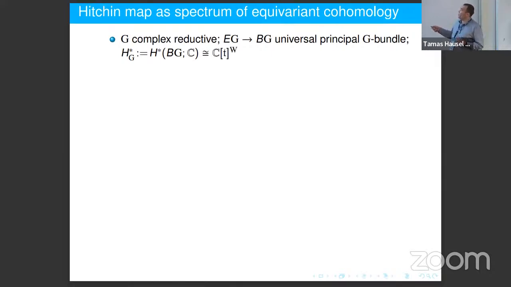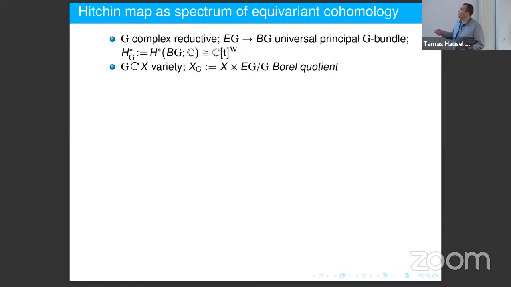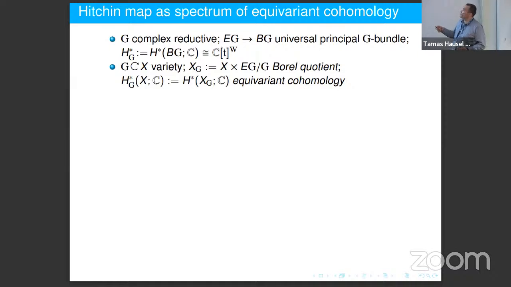And this actually can be explicitly computed as the polynomial algebra over the Cartan subalgebra, which are polynomials which are invariant under the Weyl group. And this is famously another polynomial ring. So our base ring is going to be a polynomial ring. So now we have a group action by G on a complex variety X. Then we can form the Borel quotient, we will define the equivariant cohomology as the cohomology of the Borel quotient.